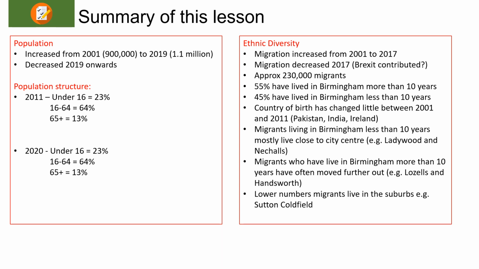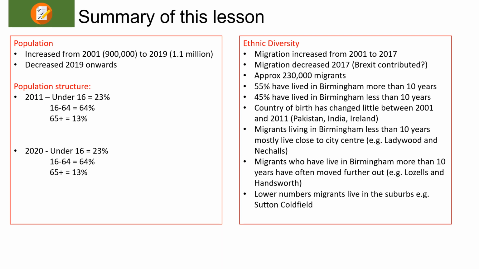Approximately 230,000 of Birmingham's residents are migrants. 55% have lived in Birmingham more than 10 years, and 45% have lived in Birmingham for less than 10 years. The country of birth has changed very little between 2001 and 2011, with the main sources of migrants coming from Pakistan, India and Ireland.